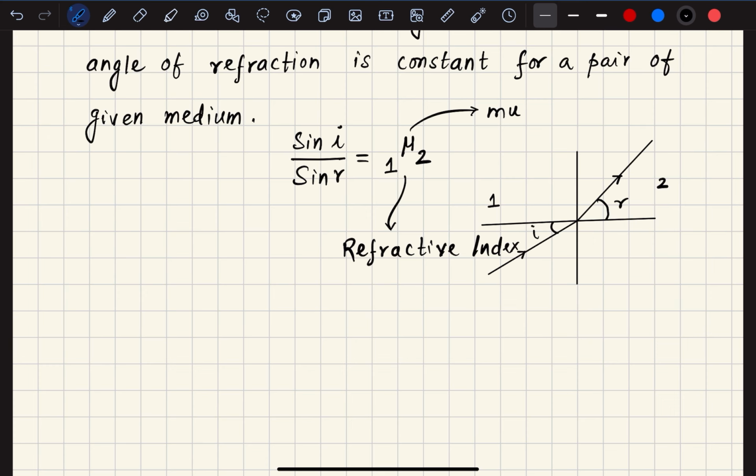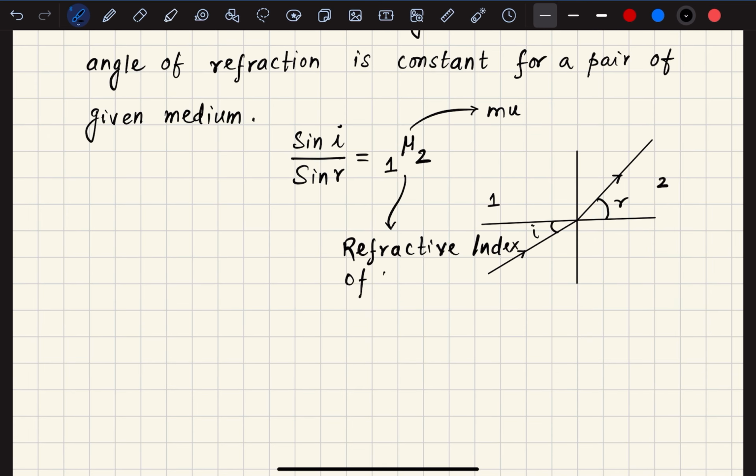So it is the refractive index of medium 2 with respect to medium 1. This is a very important line. Medium 2 with respect to medium 1 is called the refractive index. We are going to go deep into the refractive index.